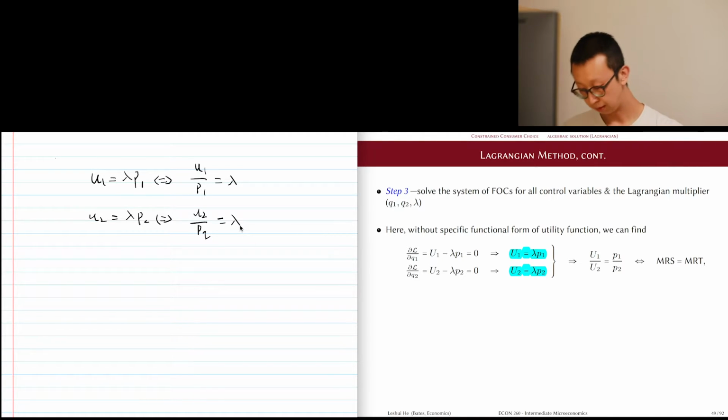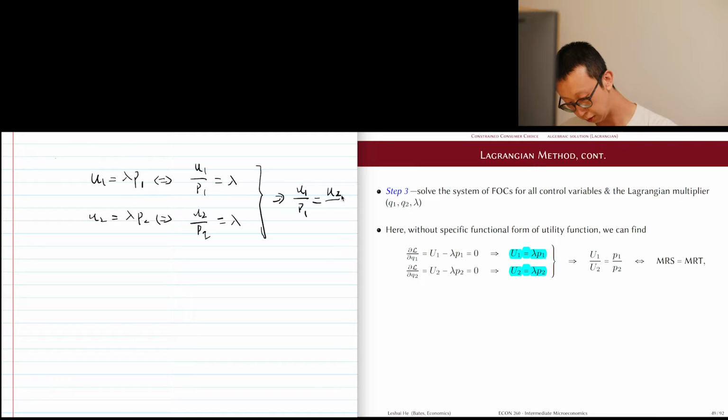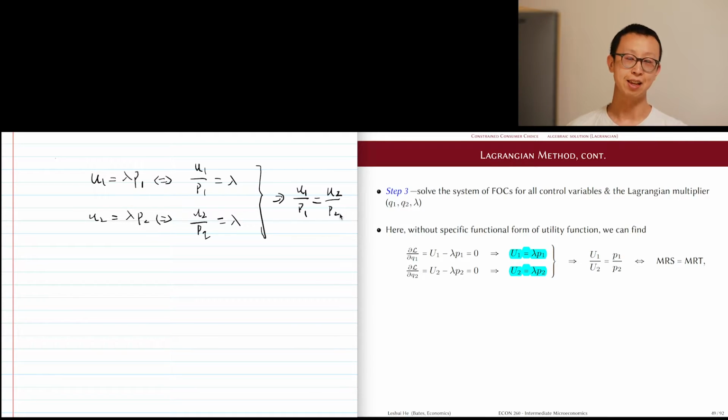And what do you know? Combining these two things, because they're both equal to lambda, it must be the case that the per dollar marginal utility on good 1 is the same as the per dollar marginal utility on good 2. And that's exactly the same idea behind the tangent condition.